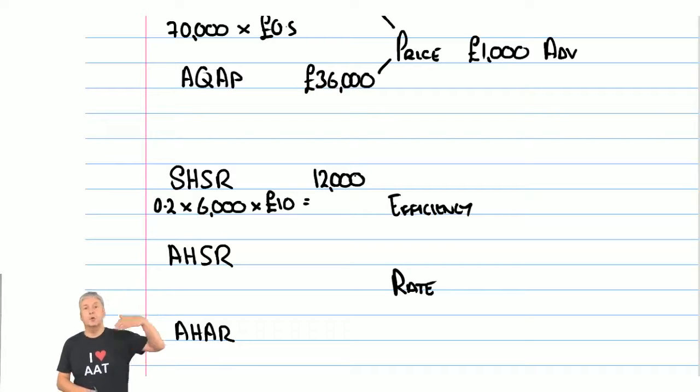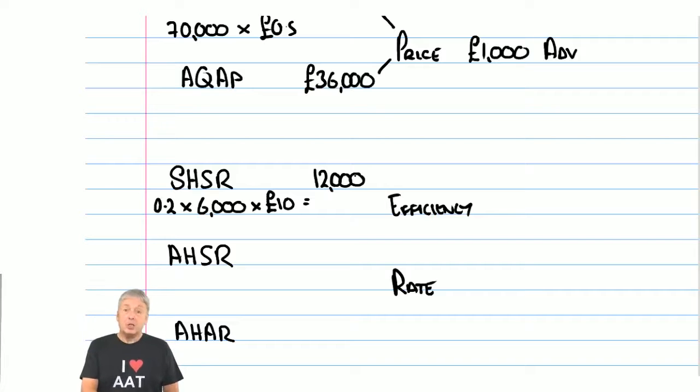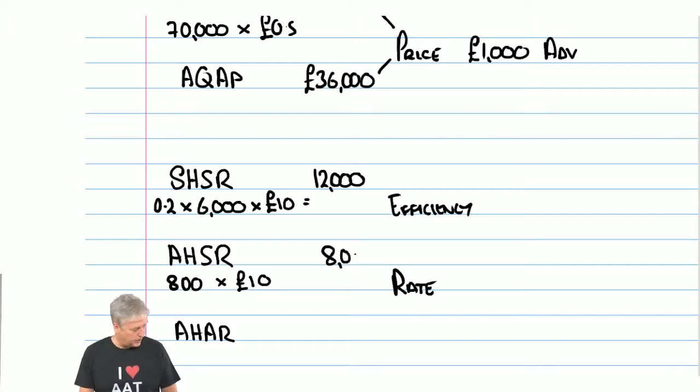So we're saying that we expected to incur £12,000 worth of costs given that we produced 6,000 units. Actual hours, well, we go back to the box of data and the actual hours worked were 800. 800 multiplied by 10 means that the actual hours at standard rate will come to 8,000.